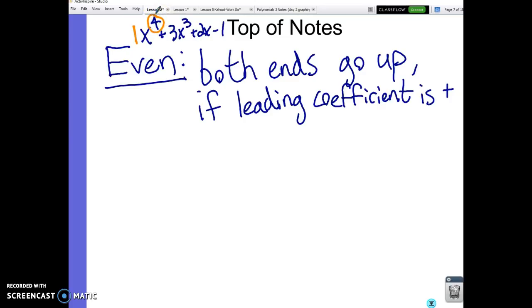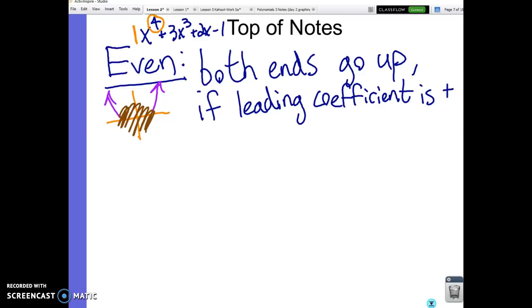So we know this is even, and we know that the leading coefficient would be 1, and that's positive. So if I drew a little graph of that, you would know that at the ends of it doesn't matter where they are, they would both be going up. So whatever happens here in between that I'm doing in brown doesn't matter. The ends are always going up.